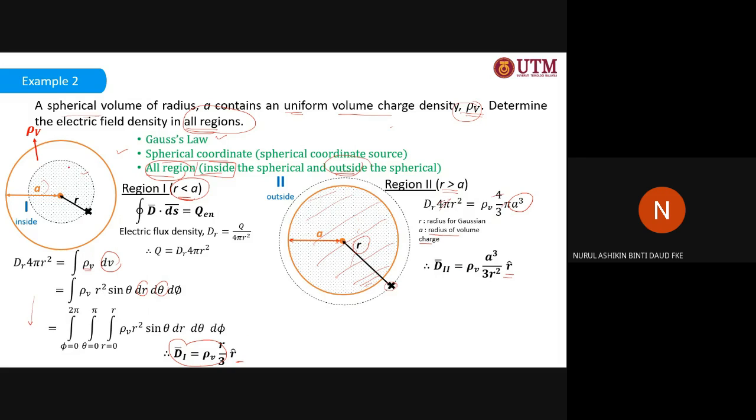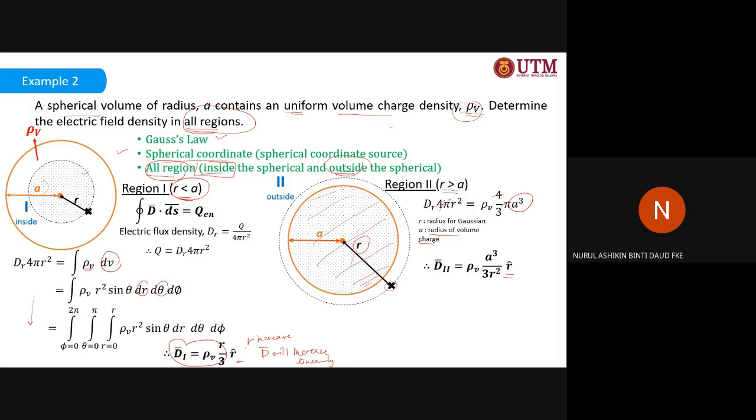If the electric field density is located inside the sphere, when r is increased, when the radius is increased, the electric field density will also increase proportionally. Sorry, it will increase linearly.